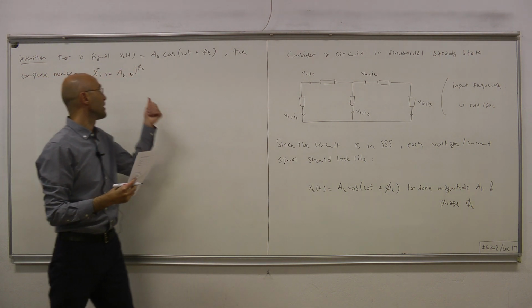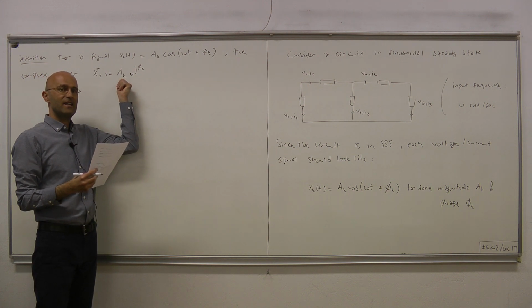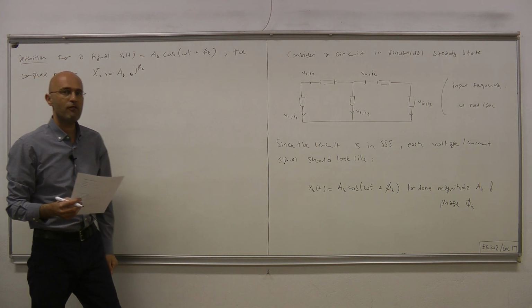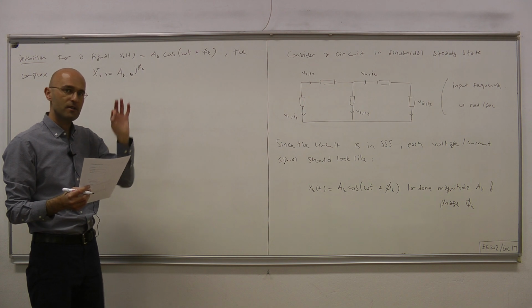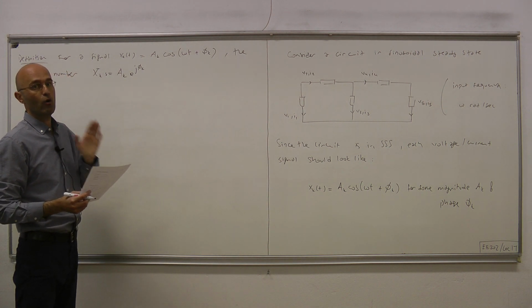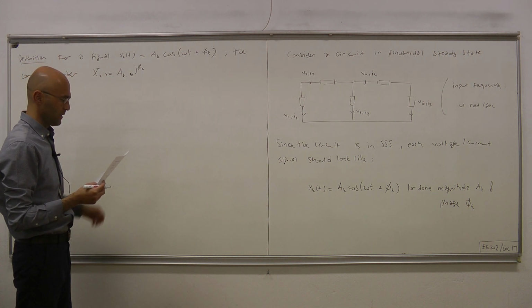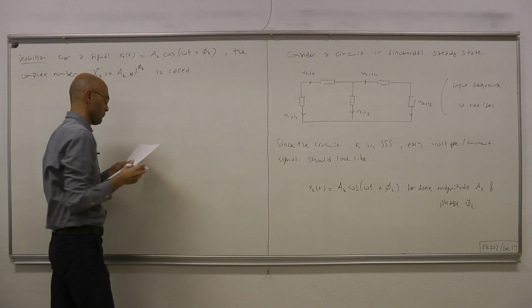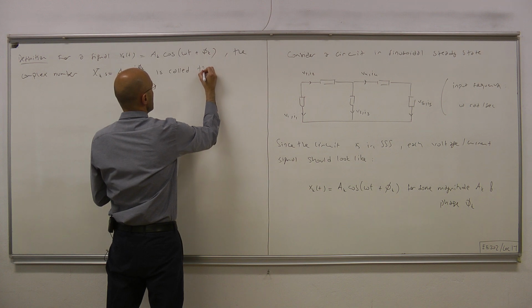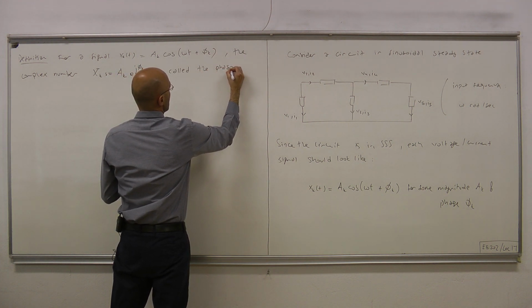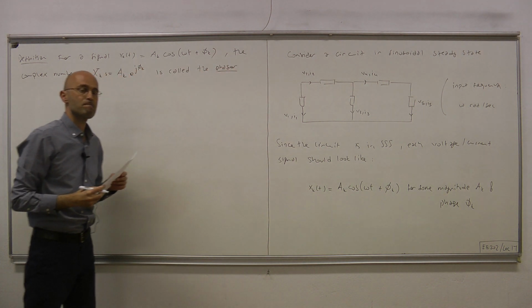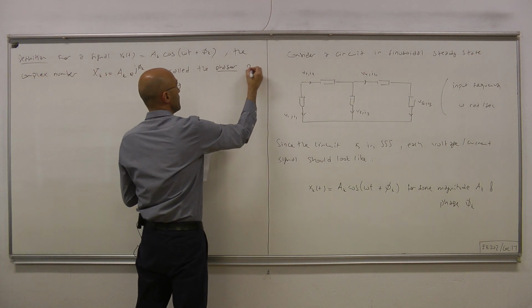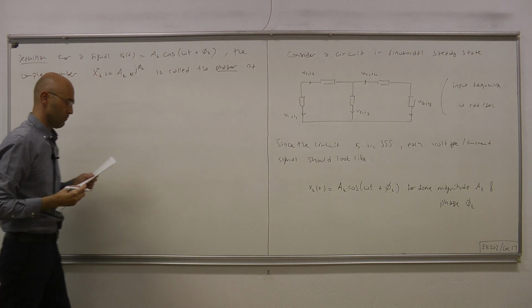So it's a complex number with magnitude ak and phase phi k. It can be represented by a point or a vector on the complex plane. And this is called the phasor of the signal xk of t.